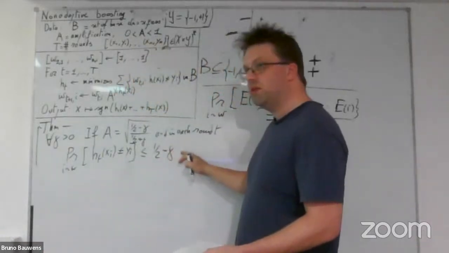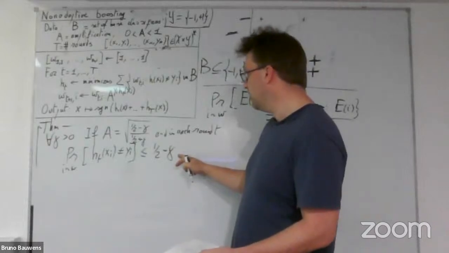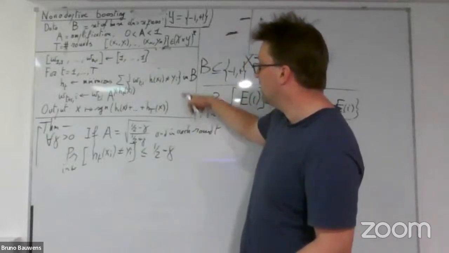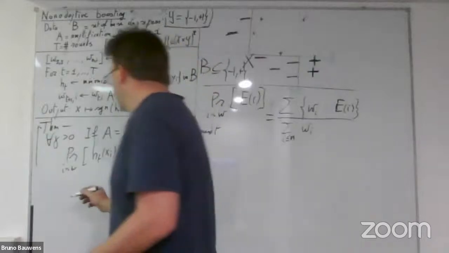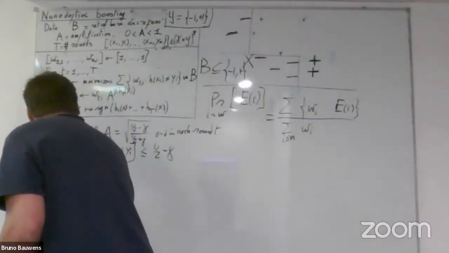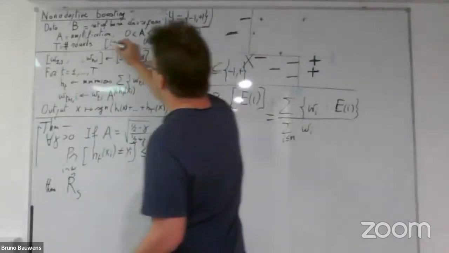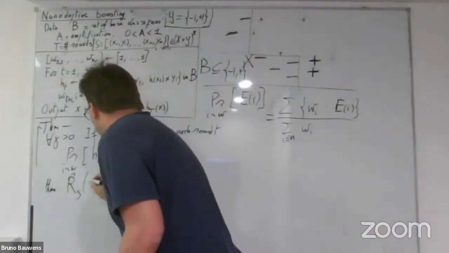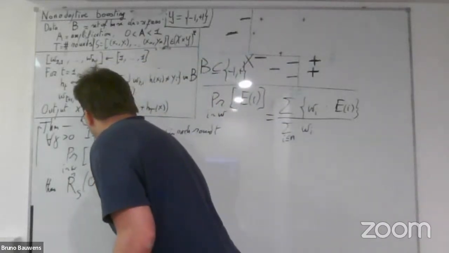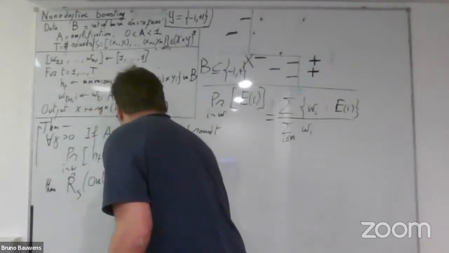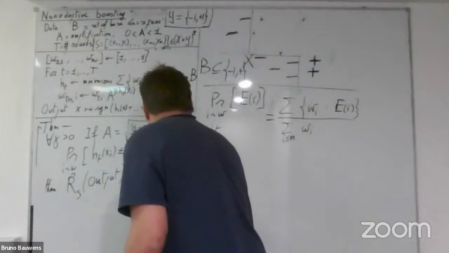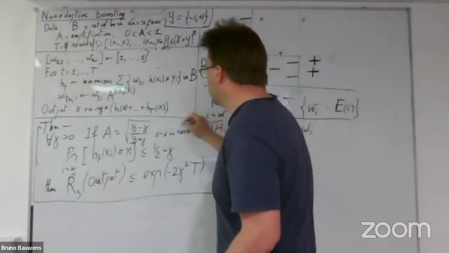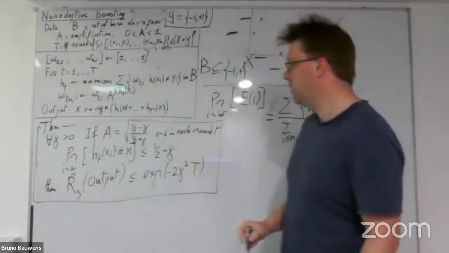So gamma is called the edge because it does better than random guessing by the constant gamma. And if these two conditions are satisfied, we get exponential convergence of the error. So the empirical risk on S, where S is the training set, of the output is smaller than exp(-2 gamma squared T). So T is the number of boosting rounds. So that's the theorem that guarantees very fast convergence.